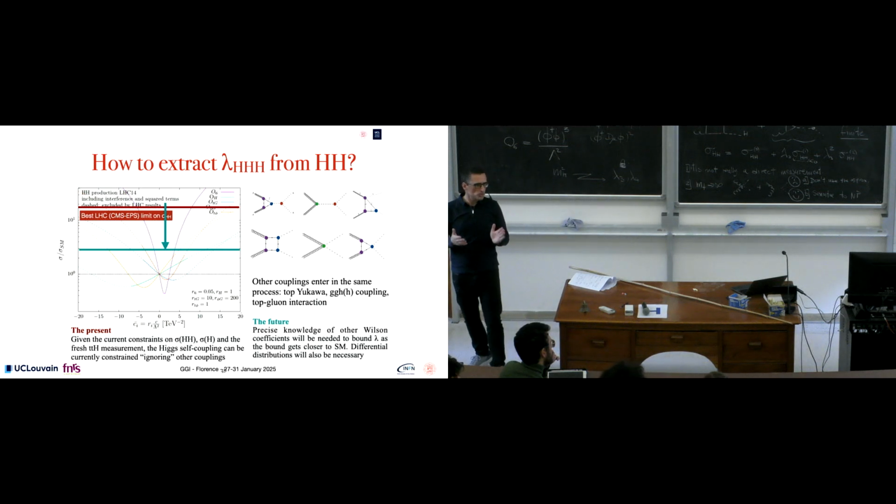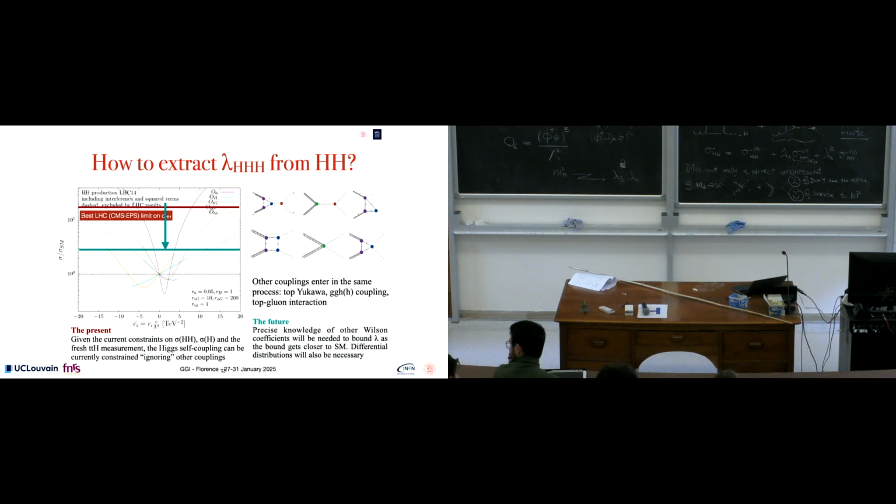Okay, so it's a bit technical now. But, yes. Not quite. I mean, that's the way we phrase it, but it depends on the relative phase between the Higgs coupling to the bosons and the Higgs coupling to the top.